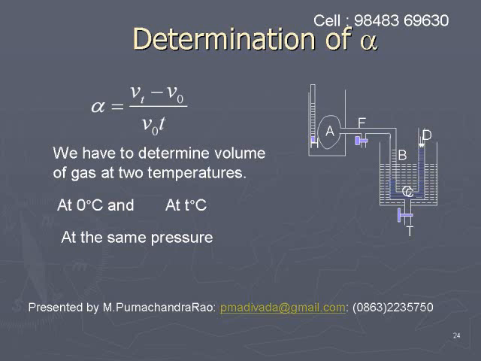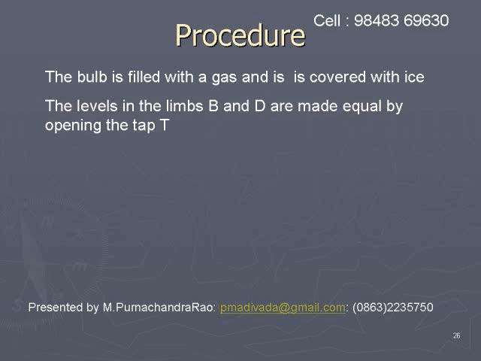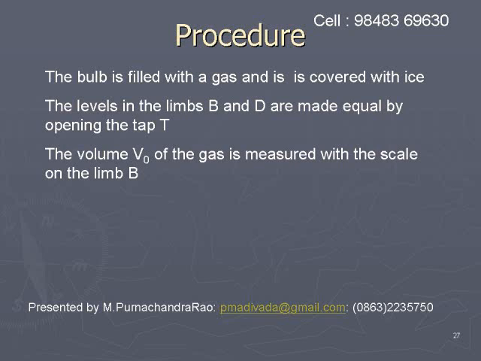Now, let us try to measure the volumes at different temperatures. First, the spherical bulb will be placed between ice. The spherical bulb is covered with ice, and the levels of mercury in the limbs B and D are made equal by opening the tap T. Since the level in D is at atmospheric pressure, the level of mercury in B also will be at atmospheric pressure.